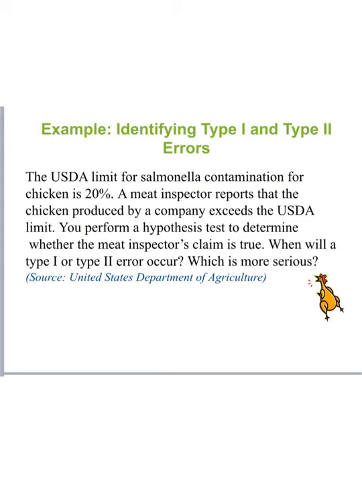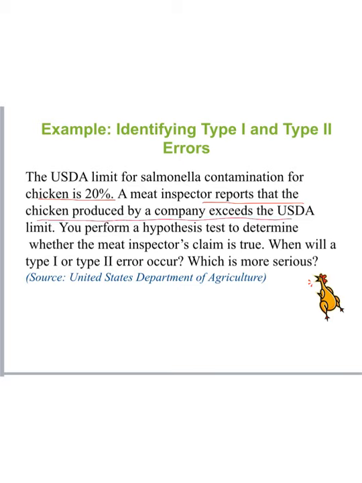Alright, so here's a good example to demonstrate that. The USDA limit for salmonella contamination for chicken is 20%. It's important here. A meat inspector reports that the chicken produced by a company exceeds that. So the claim is very important.